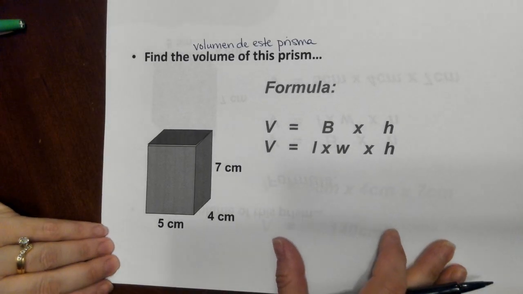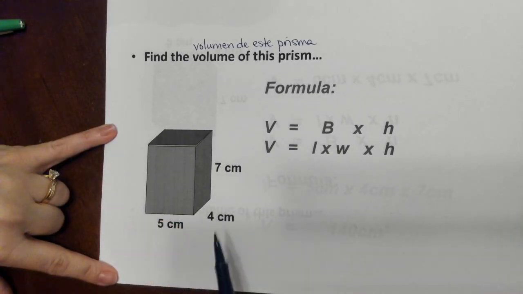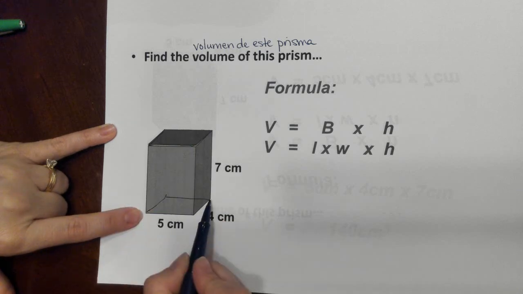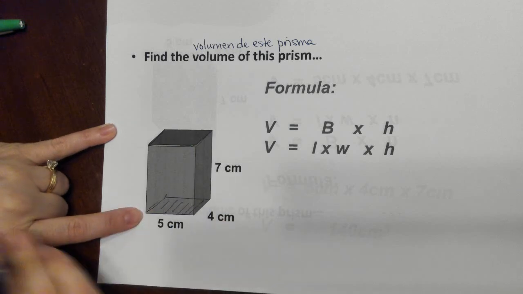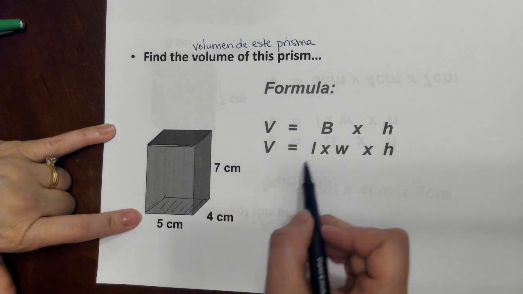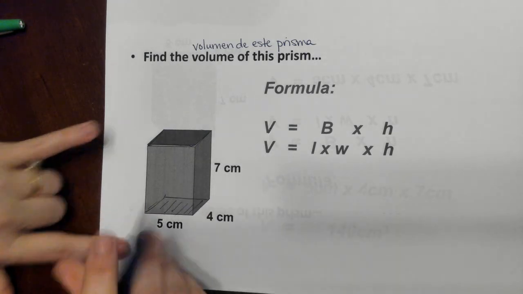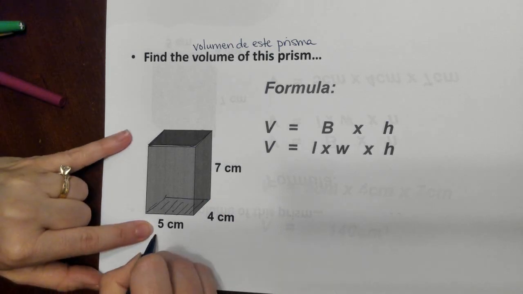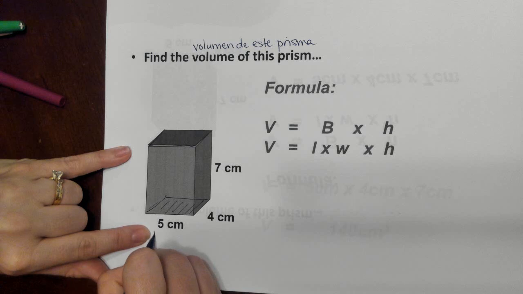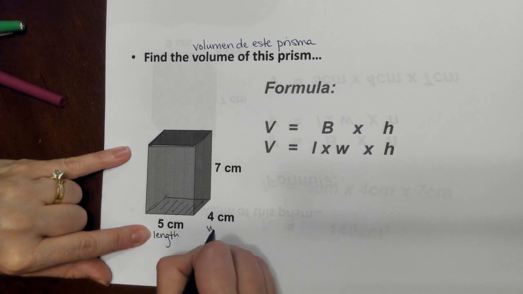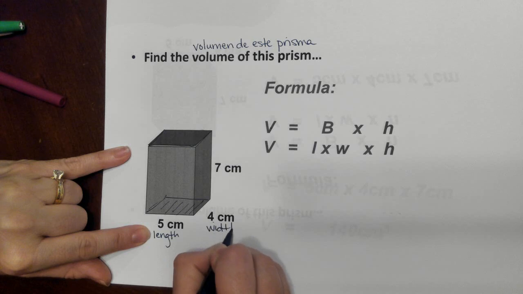So here we have a rectangular prism. The bases, the top and the bottom, are both rectangles. It's a three-dimensional shape. So to find the volume, we are identifying the length, the width, and the height. So we know this is the length, the width, and it really doesn't matter, those can be either way.